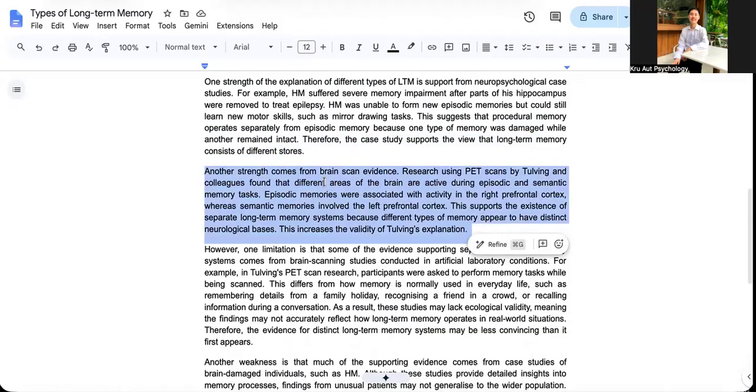And another strength, we need another piece of evidence. This time it comes from brain scan evidence. Research using PET scans. Okay, if you only write brain scans, would that be different in terms of marking to saying PET scans or MRI scans? Would that make a difference? It does, because it's part of the detail from the study.